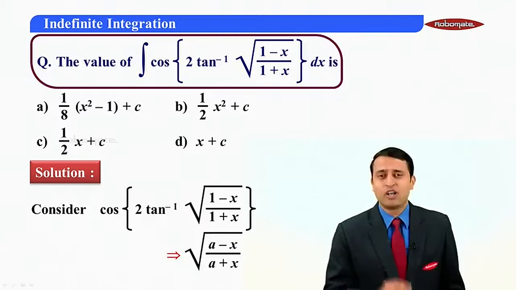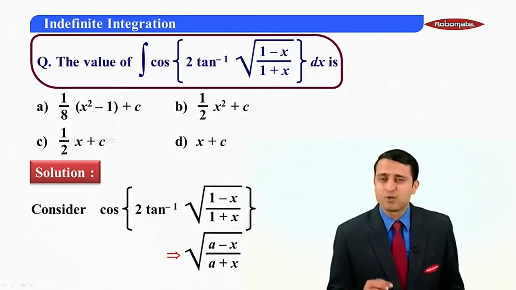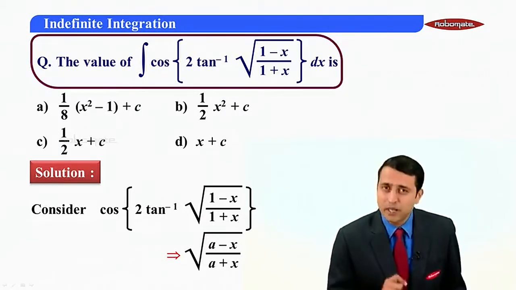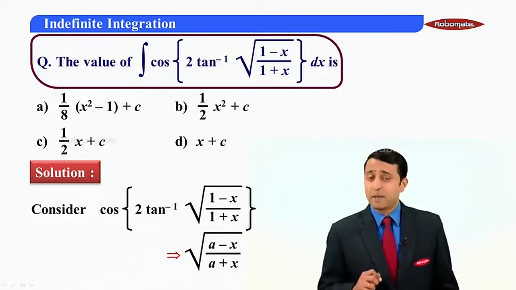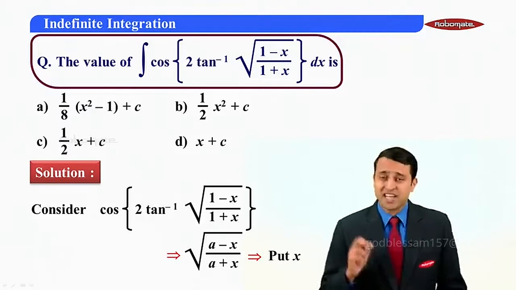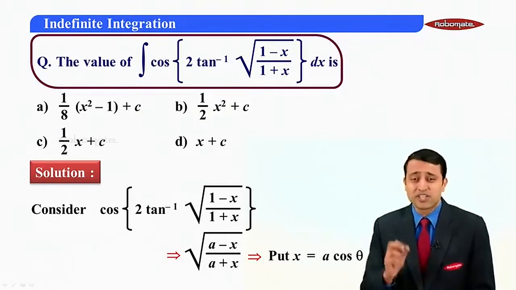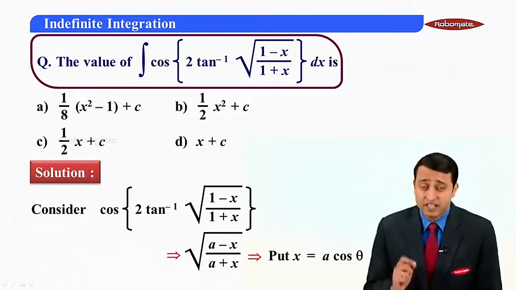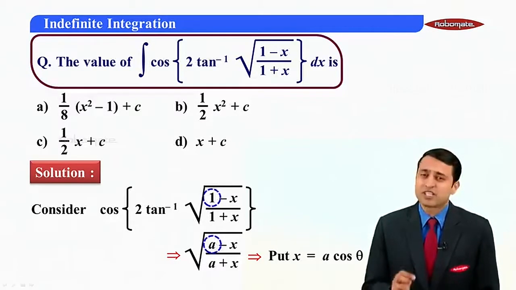Function in the tan inverse looks like root of (a minus x) upon (a plus x), correct? Here a is 1, and for such square roots we use the substitution x is a cos theta. So here we substitute x is cos theta.